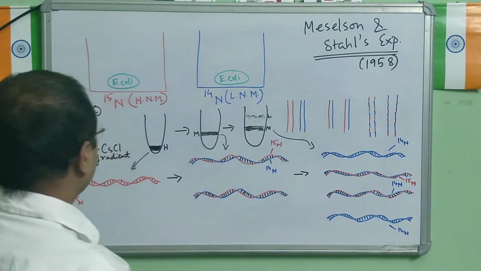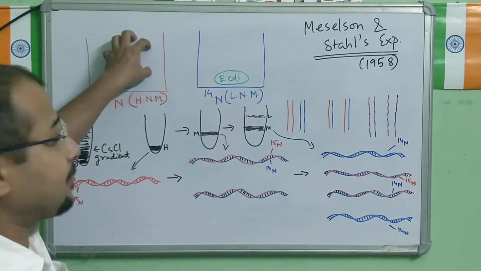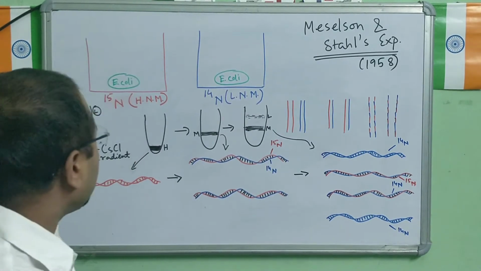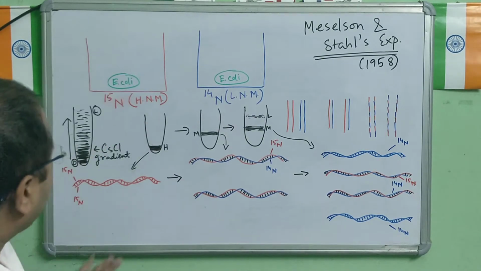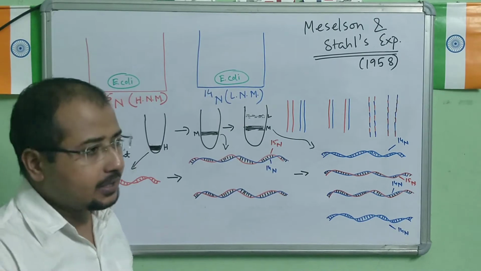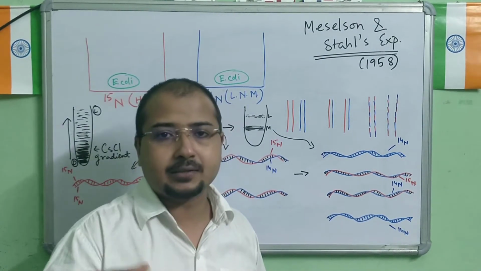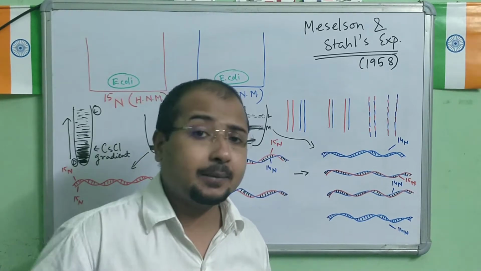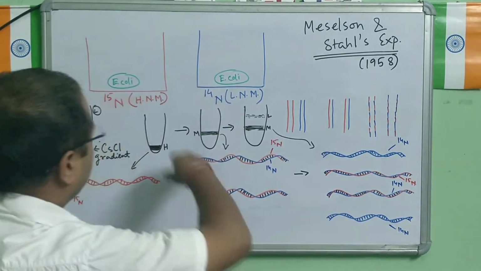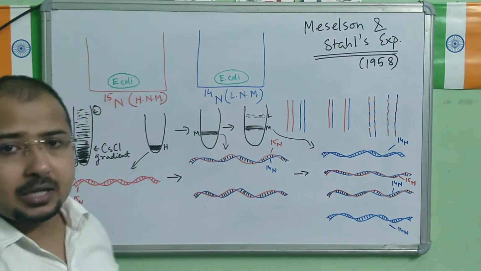Now, after the bacteria grew in this medium, they separated some bacteria from there and tried to find out what kind of DNA was produced in the E. coli once kept in this heavy nitrogen medium.